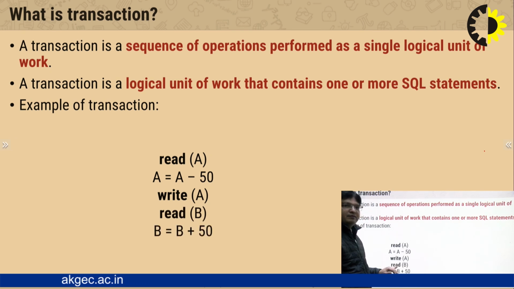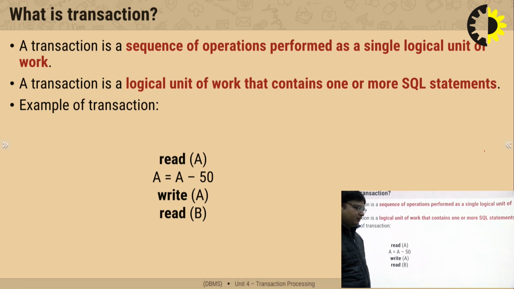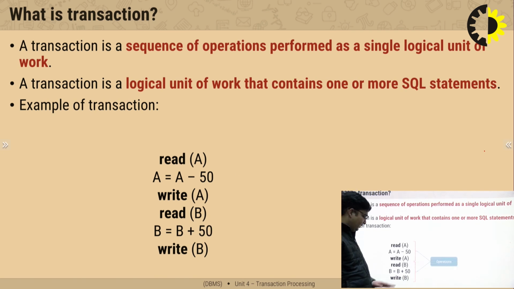Next, read B. Now we will be bringing the value of B from the disk into the buffer, which is accomplished by read B. Thereafter, B equals B plus 50, that is we are adding 50 to the current content of B. Then finally we write B, that is, the value of B has been updated and now we have to update it into the disk.